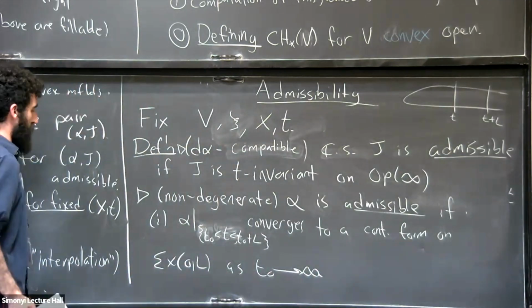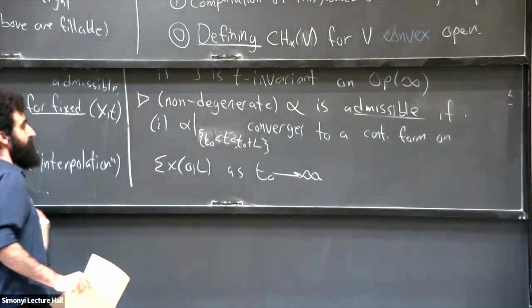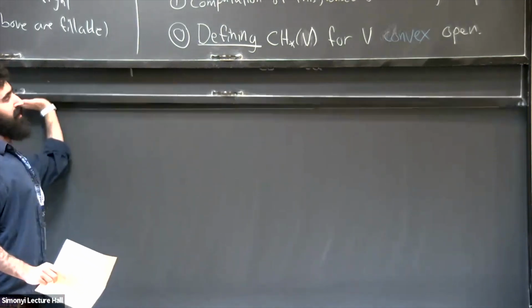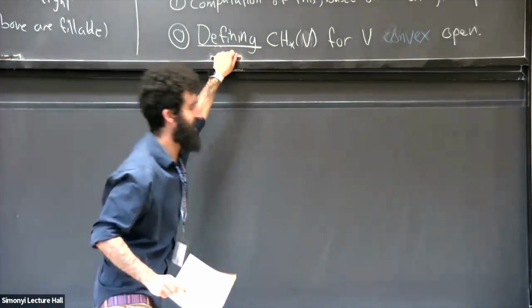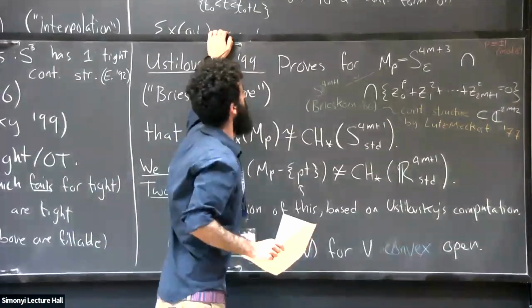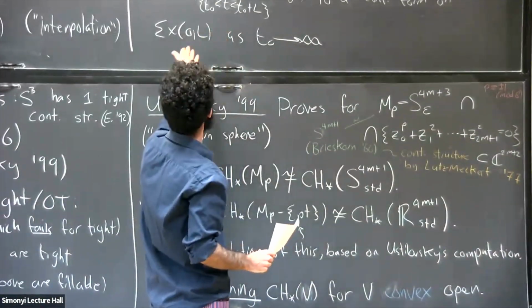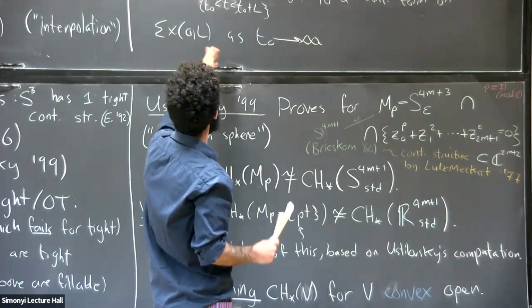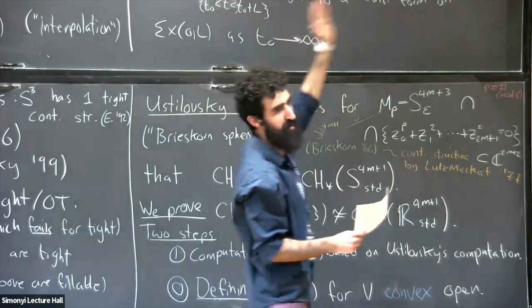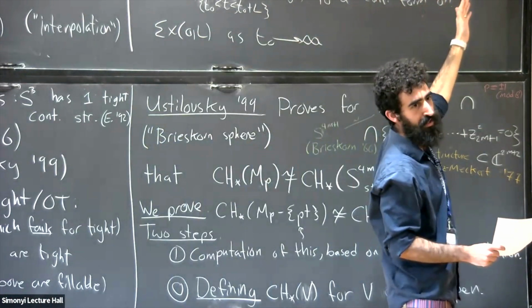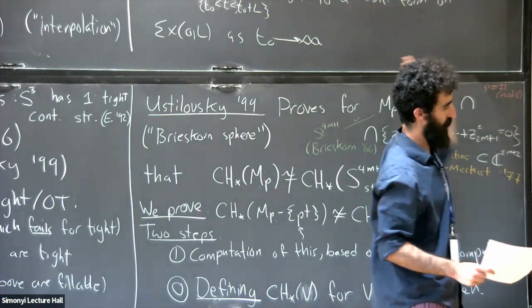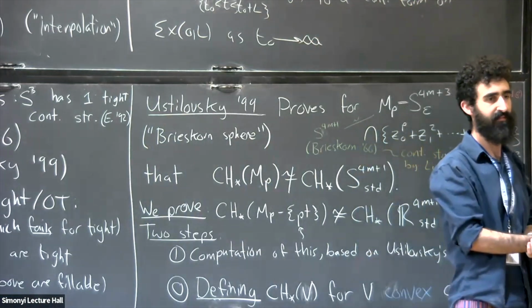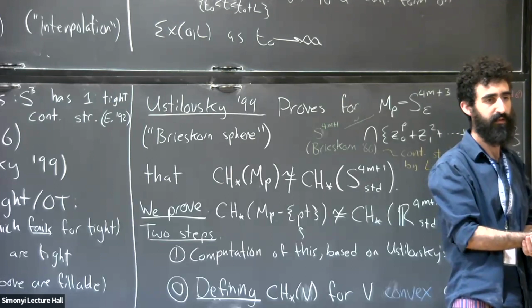Okay, and then there's a second part. Sorry, what does it say? All I'm saying is that when you look at the restrictions to various slices in the T direction, those restrictions should converge to something, a T invariant contact form, as T goes to infinity.